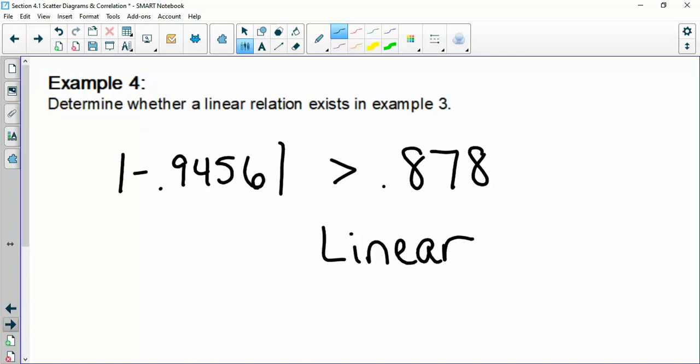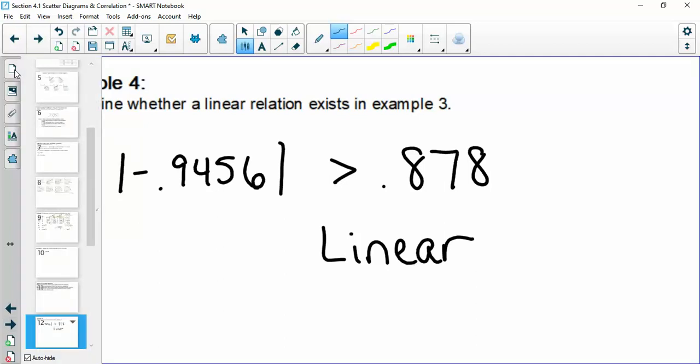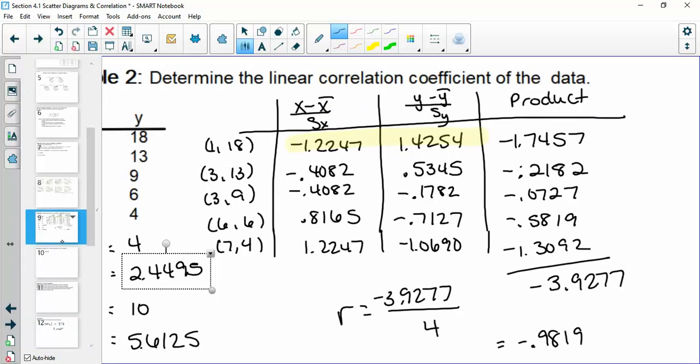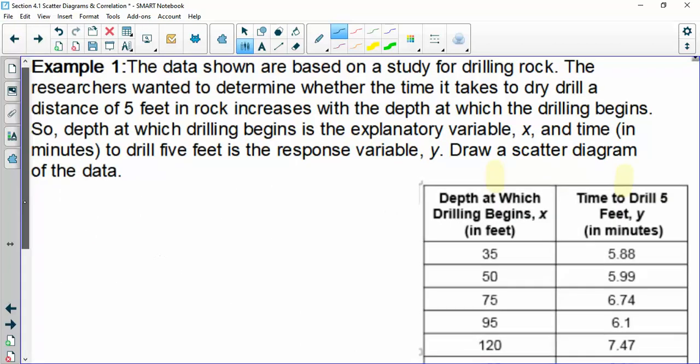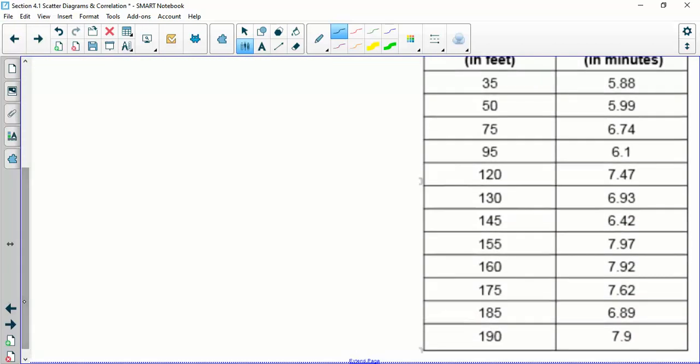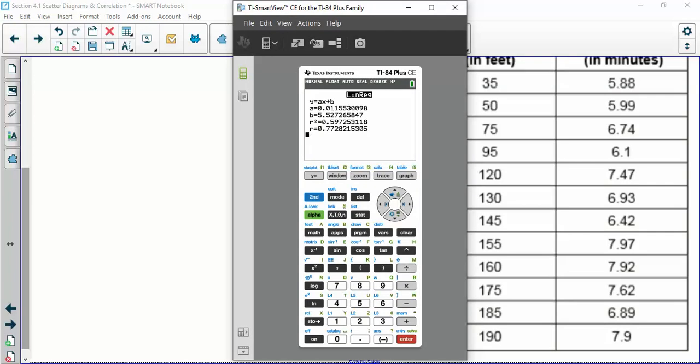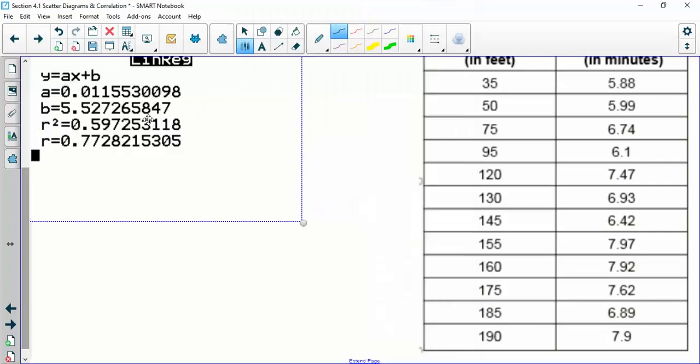If we wanted to do it for our very first example, you guys don't have it in your calculators anymore, but I still have it in mine. How many points did we have in example 1? So, if I looked at my screen here, our correlation coefficient, okay, what is the critical value then?